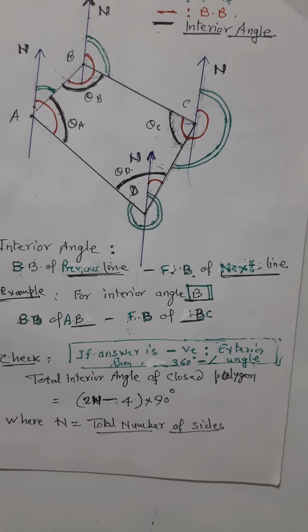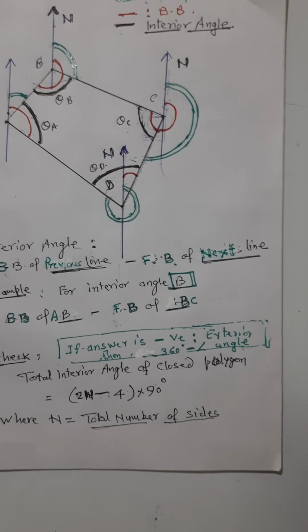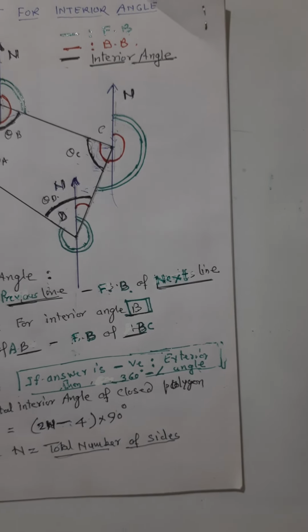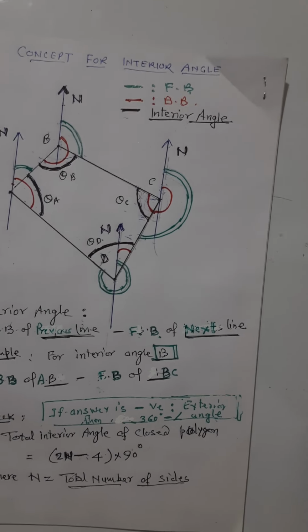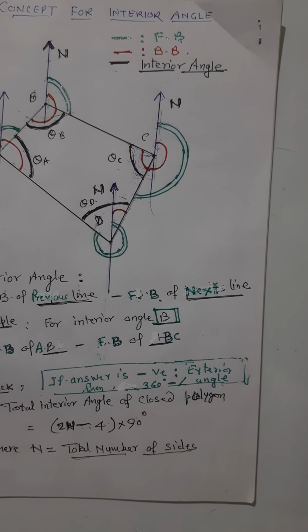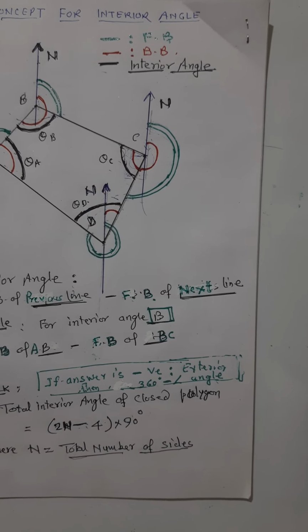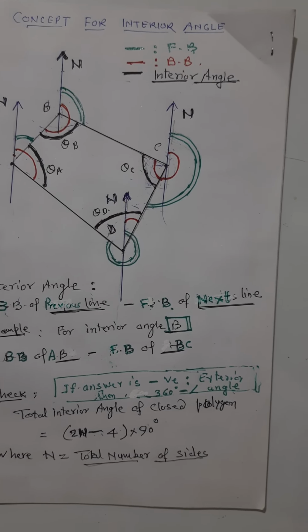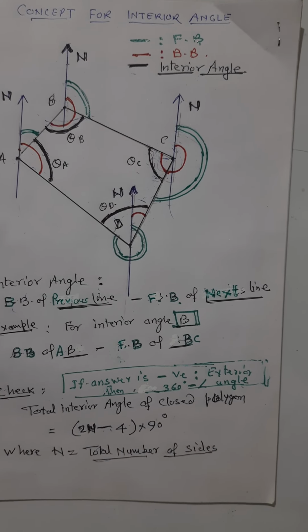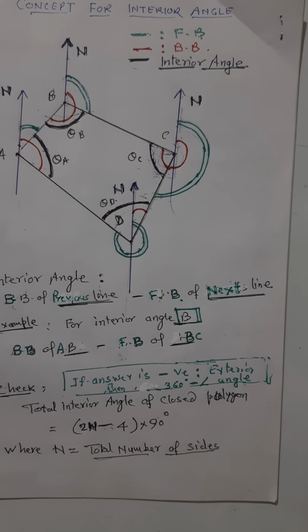But if this does not come out to be the same as (2n minus 4) into 90, then you will have to recheck your calculations. Another reason for this is local attraction. You may not get the correct reading for the backsight as well as the foresight, because the difference between the backsight and the foresight must be 180 degrees.